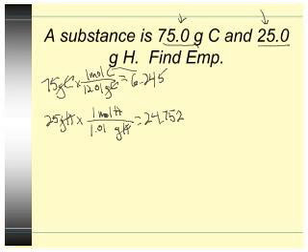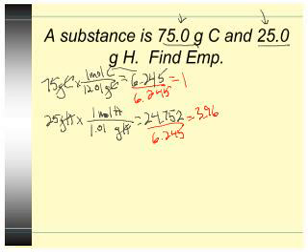Divide by the smallest. Again, the point is to get numbers of 1 or bigger, and as small whole numbers as possible. So 6.245 divided by 6.245 is going to be exactly 1, and this is probably exactly 4, but let's check it out. Divided by 6.245, and I get 3.96.